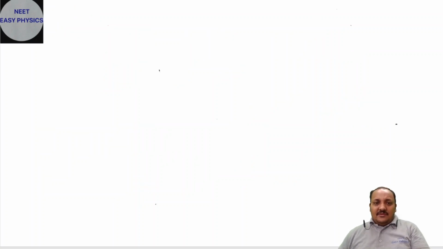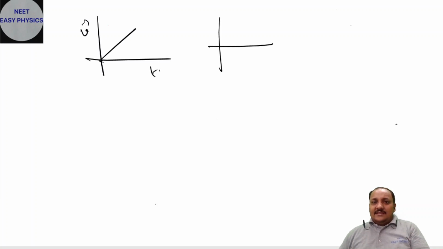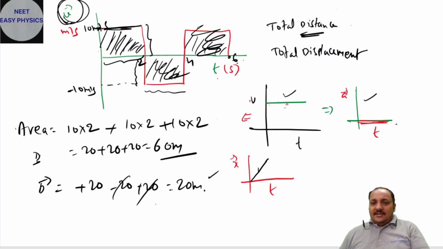Do you remember? So if the graph is given like this, velocity-time, let us assume. Then what is the acceleration-time? We got acceleration-time like this because this is a positive slope, isn't it? Now this is the graph. So for this, the previous graph will always be like this.